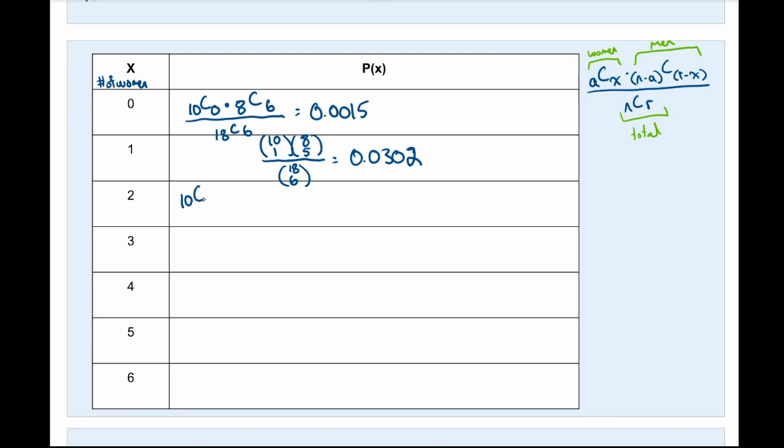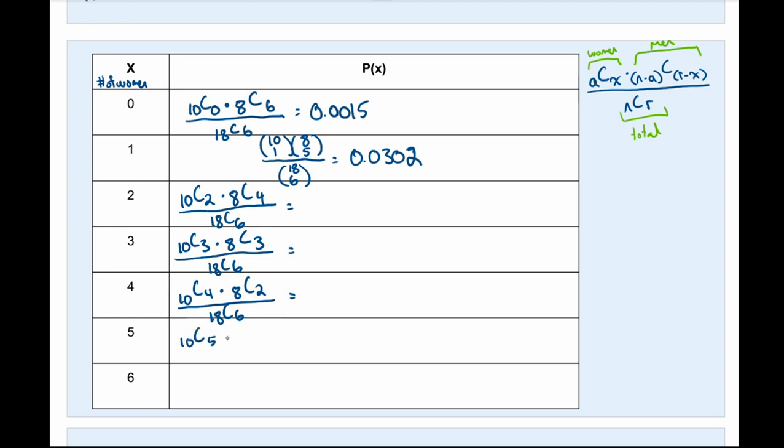Right? So we have 10 women choosing 2 of them, times 8 men choosing 4 of them, divided by 18 total options choosing 6. 10 choose 3, times 8 choose 3, divided by 18 choose 6. 10 choose 4, times 8 choose 2, divided by 18 choose 6. 10 choose 5, times 8 choose 1, divided by 18 choose 6.